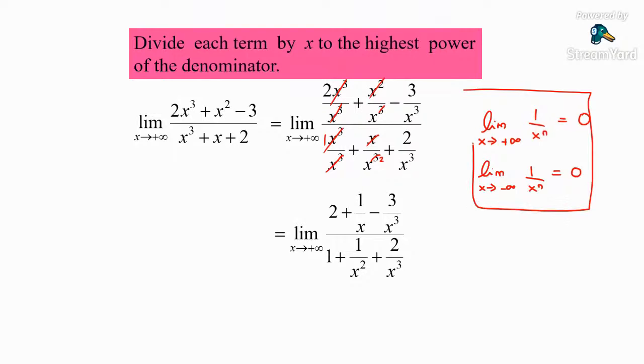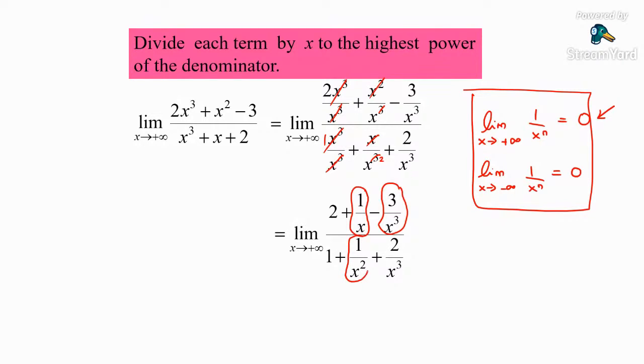We are going to use this here. Since we have 1 over x, a fraction, using this result you will see that this limit is equal to 0. 3 over x cubed, this is also some number over x to the power of n, so this is also 0.